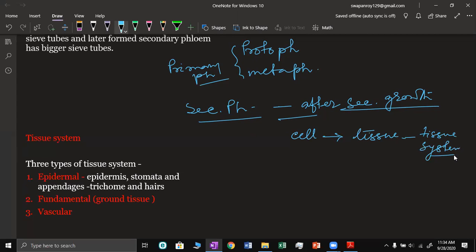Then there is the organ level, organ system, and after that comes the organism. So our next topic is the tissue system.